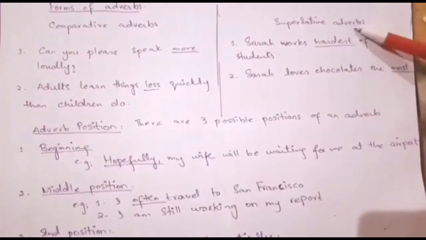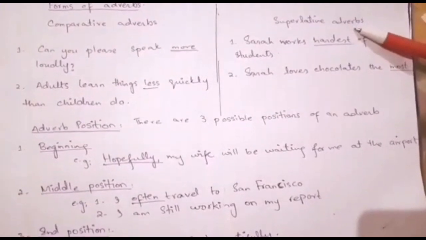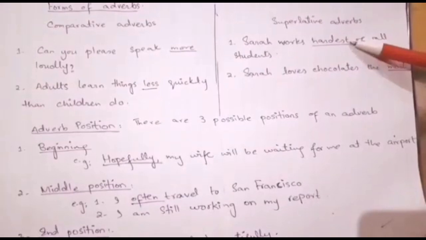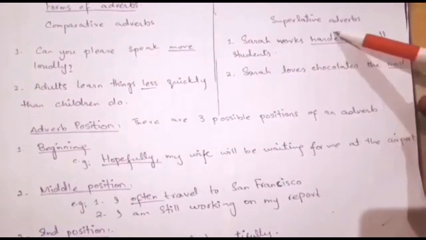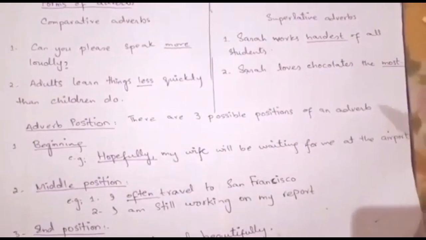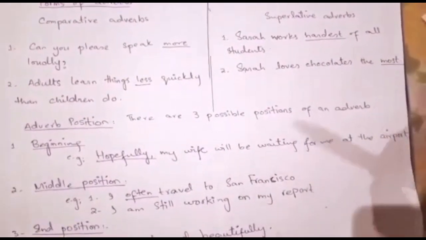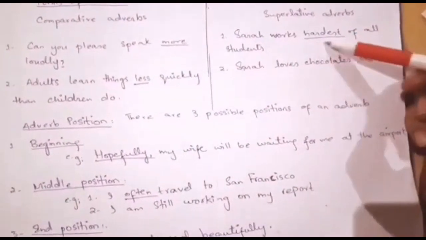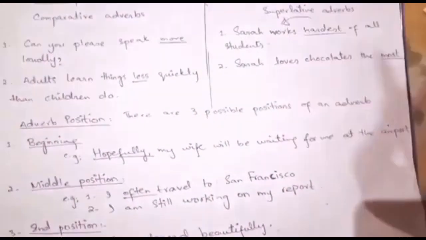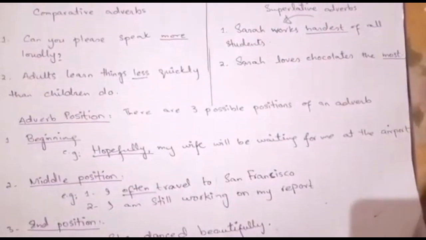In the first sentence, we have added est along with the word hard, right? And it becomes a superlative because that modifies the verb works. The word hardest is modifying the verb works.